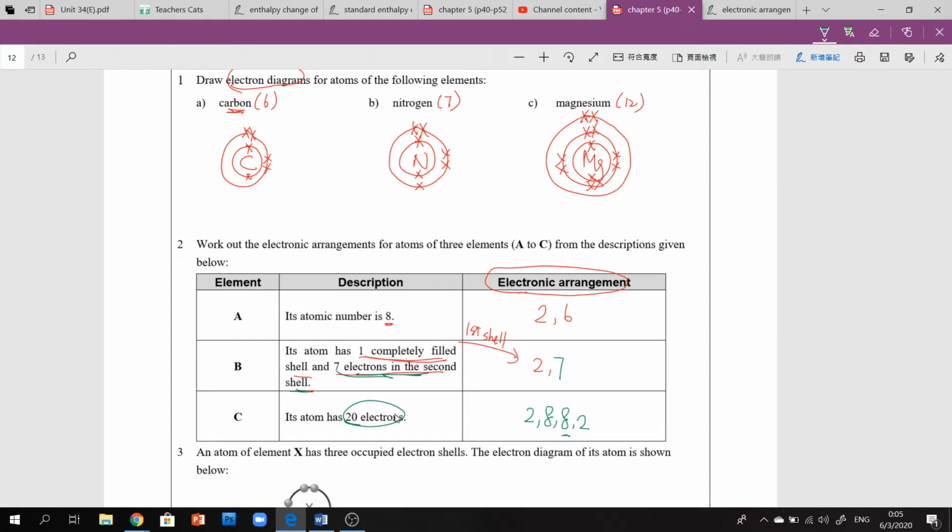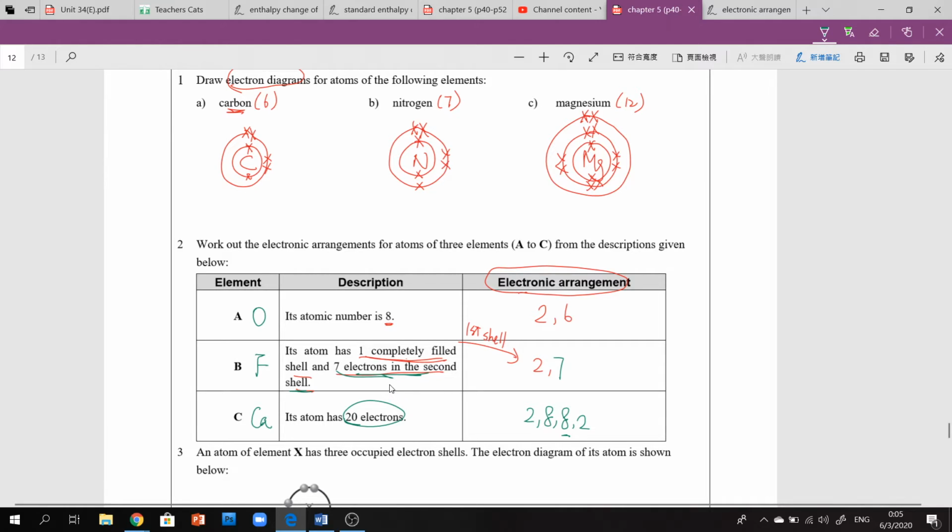Just remember the elements. Even though I did not ask you, it is a very good practice to memorize the first 20 elements. So 2, 6 is oxygen, right? 2, 7 is fluorine, and 2, 8, 8, 2, what is that? Yes, that's right. It is calcium.